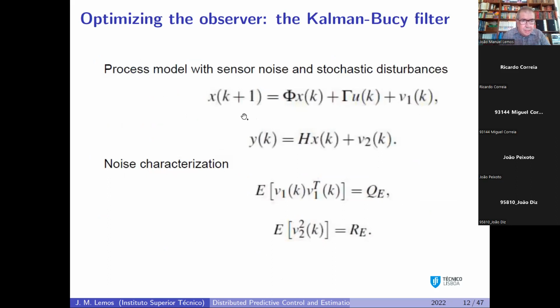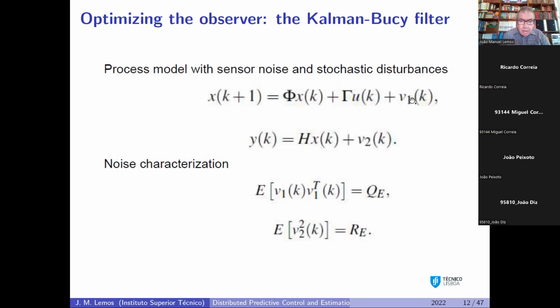So suppose that this is our model. Now I'm adding noise terms. V1 of K is a kind of stochastic disturbance, and V2 of K is sensor noise. Remember that Y is related to X. This second equation models the sensors, while the first equation models the dynamics.